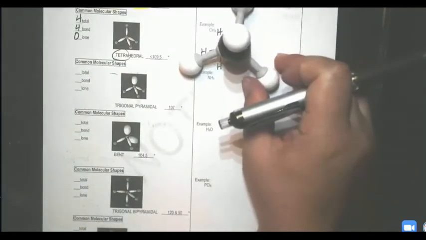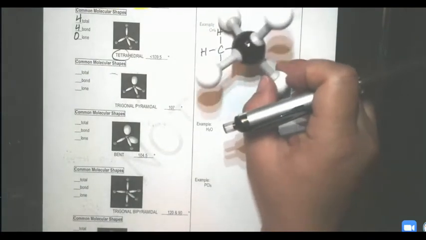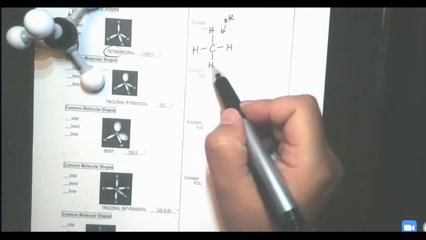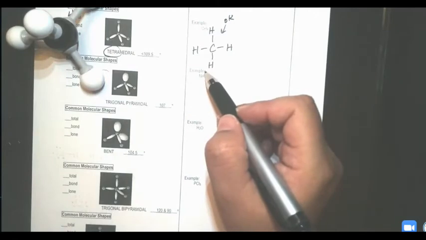Remember, these electrons are taking up as much space as possible. So the best way to do that is for it to be in 3D, not 2D. But I'm okay with you drawing it this way. And the reason why I'm okay with you drawing it this way is because it's going to help you to understand polarity when we get to that point in about 2 days in the notes, okay?